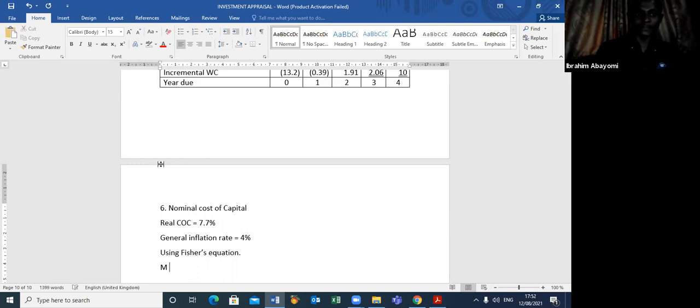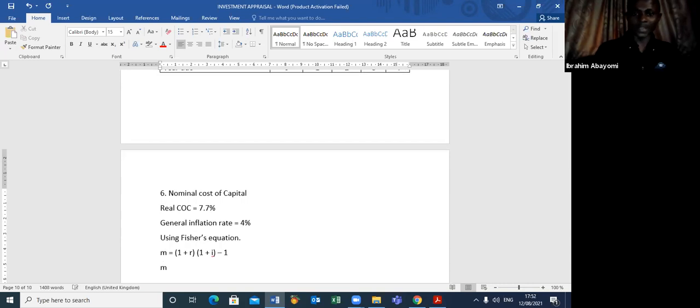Nominal cost of capital is equal to (1 plus real cost of capital) times (1 plus inflation rate) minus 1.